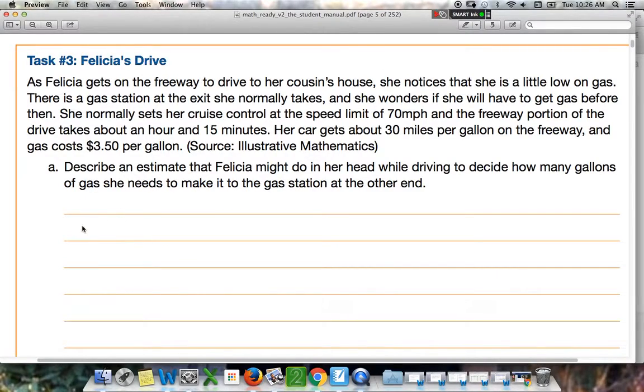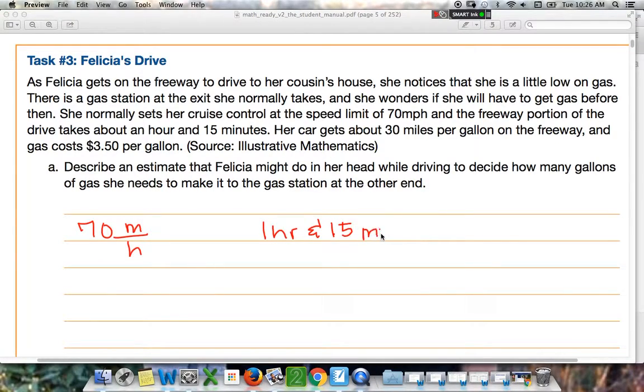So if she is traveling at 70 miles per hour, and she's traveling for 1 hour and 15 minutes, I think most of you know that 15 minutes is a quarter of an hour. But if you don't, 15 minutes out of 60 minutes would reduce to 1/4. So she's essentially driving 1 1/4 hours.